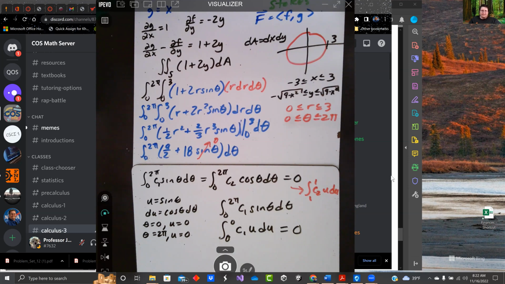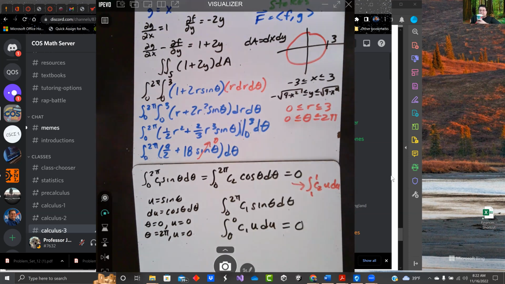When you're done writing that down, we'll go back to solving the rest of that problem, which is pretty easy at this point. It was already pretty easy. 18 sine theta isn't hard to integrate. But when you've got a bunch of terms going on, anything that you can zero out as fast as possible just speeds up the problem.